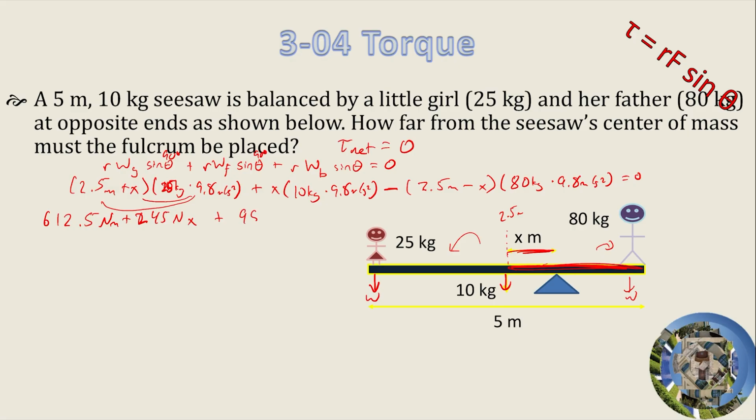So I have 98 newtons times x for the board. And then the father, 80 times 9.8. So the father's weight is 784 newtons times the 2.5. It's 1960 Newton meters minus 784 newtons times x.